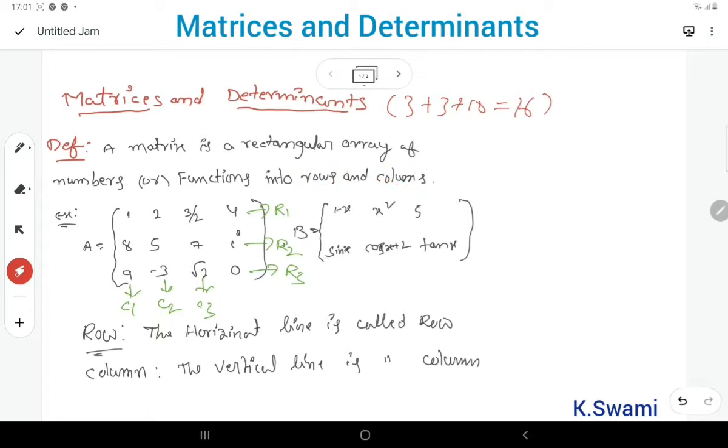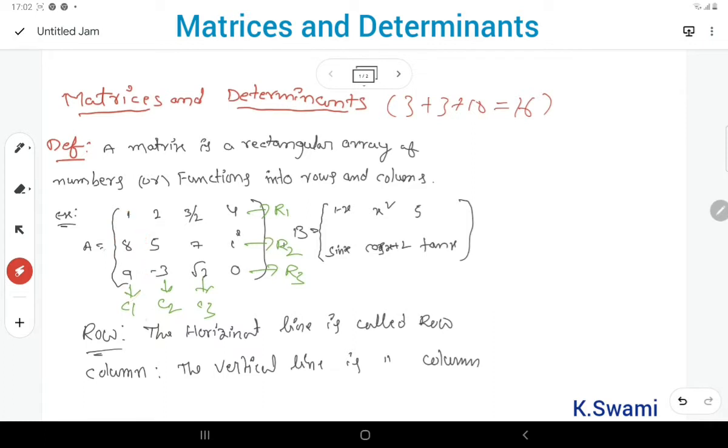So rows means the horizontal line of a given matrix. The horizontal line of a matrix is called the row, and the vertical line is called the column.